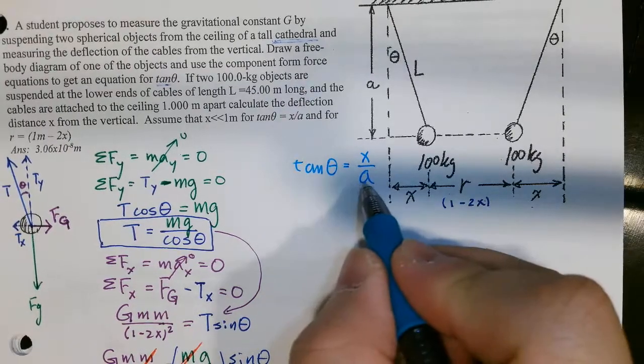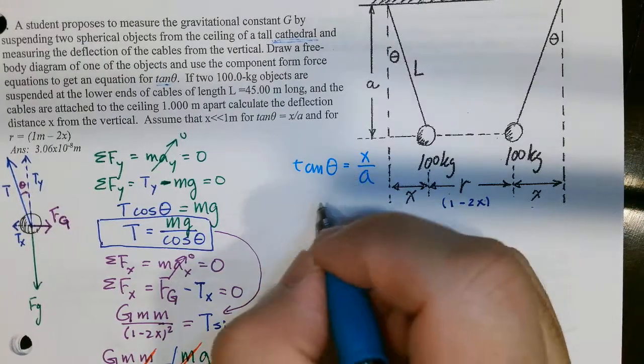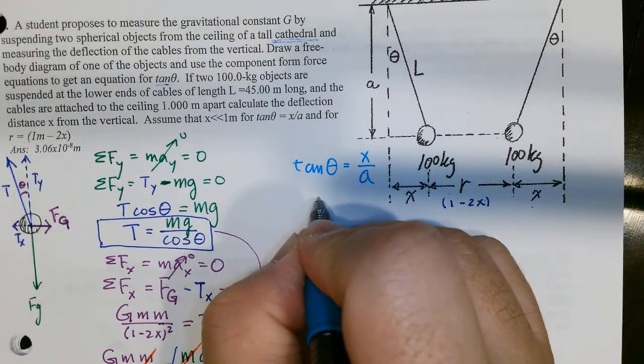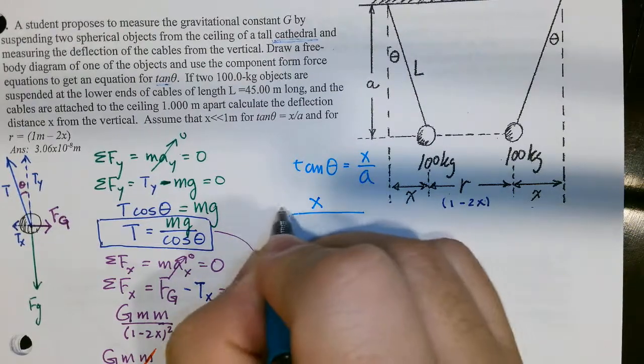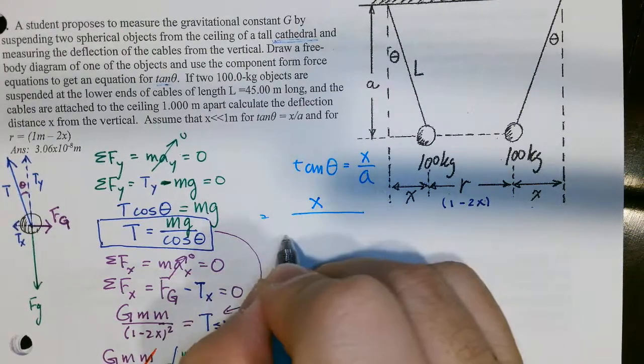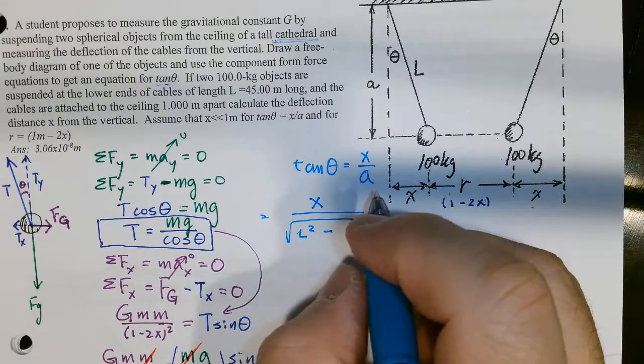If that's true, then x over a is really nothing more than x over the square root of L squared minus X squared.